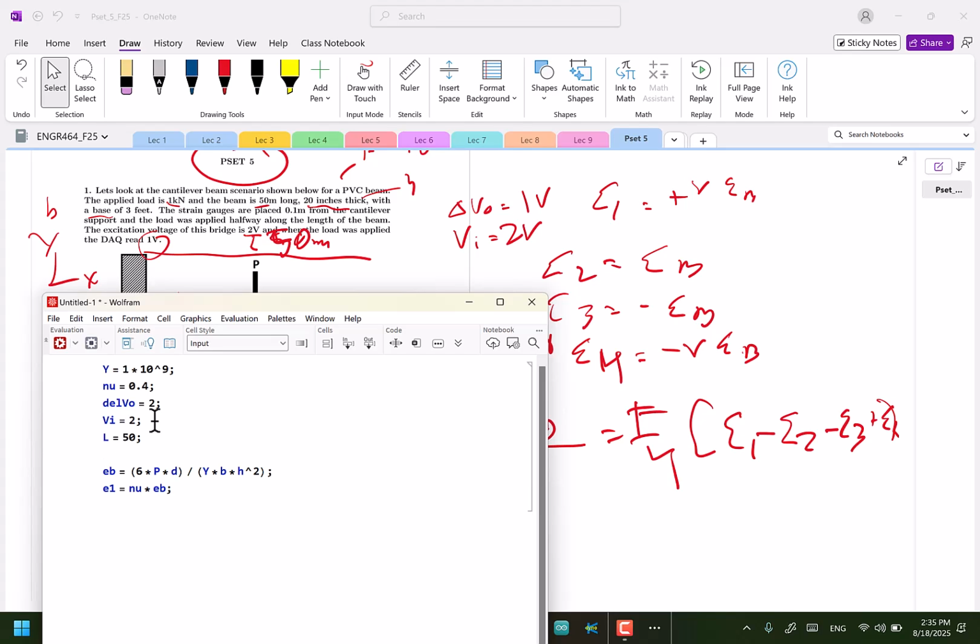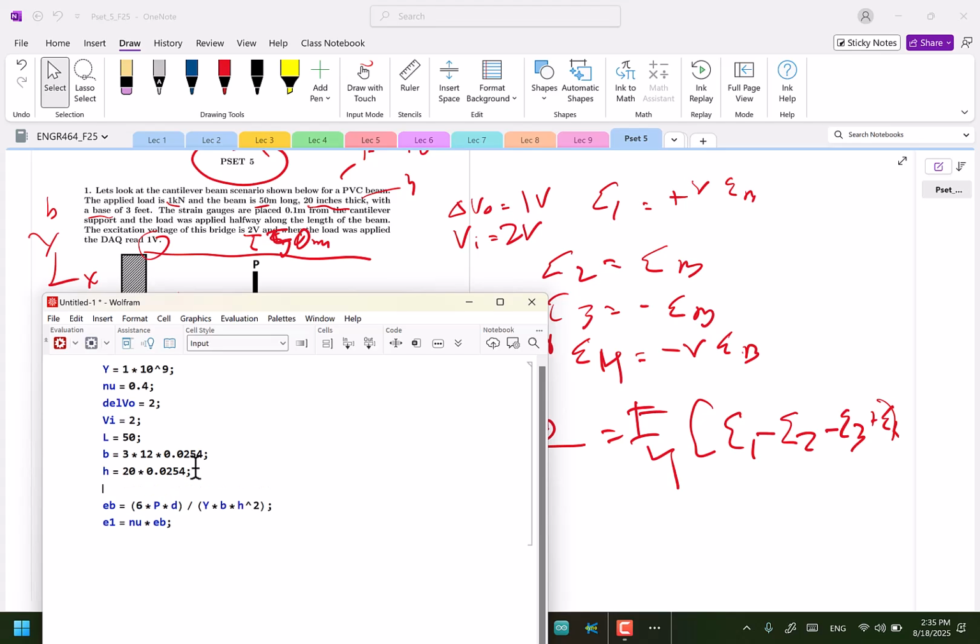We know that our B is equal to 3 feet times 12 inches times 0.0254, to convert inches to meters. We know our H is equal to 20 times 0.0254. Excuse me, I knew that something was wrong.